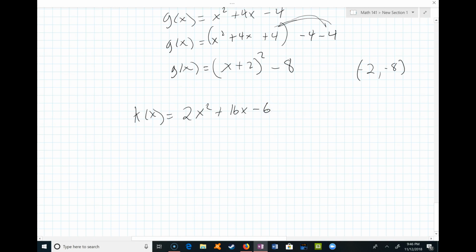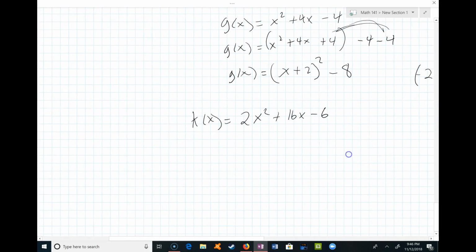Okay, so again, I want to put this in vertex form. And remember, when we're completing a square, it's easier without a number out front. So what I'm going to do is I'm going to factor out a 2 from everything.